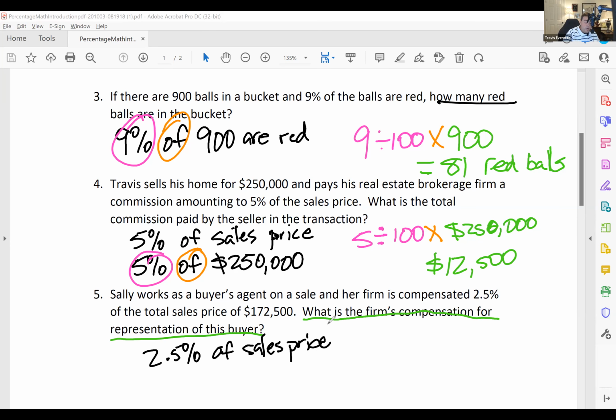Which is the same thing as 2.5% of 172.5, because they gave us that number. So now we're ready to do our little game. 2.5% is 2.5 divided by 100.